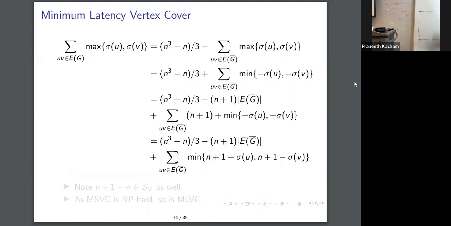And then what we do with that equality is take the summation from the left side on the complement graph to the right side, then minus max is going to be plus min of the minuses. Then let's add a value of n plus 1 to all those indices that we are looking at and subtract it as well. So these two cancel each other.